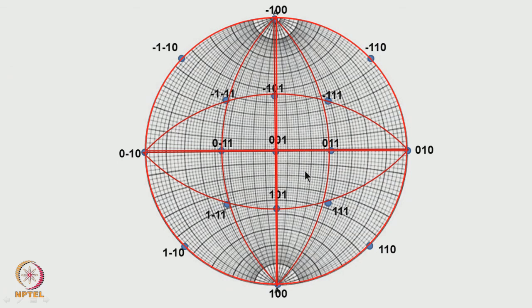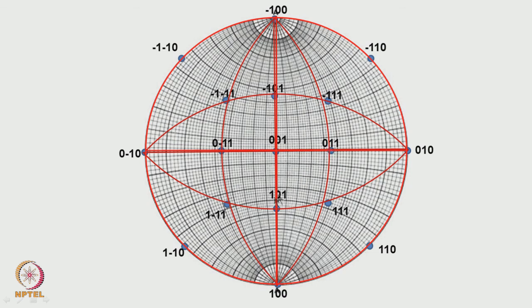Okay. Or we can just do that. If you take this one, 101, and this is 011, and this is the intersection point, if we take a vector addition of this, this will turn out to be 112. Okay. And 001 and 111, if you take the vector addition of it, this point will turn out.